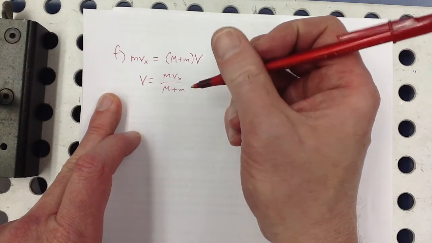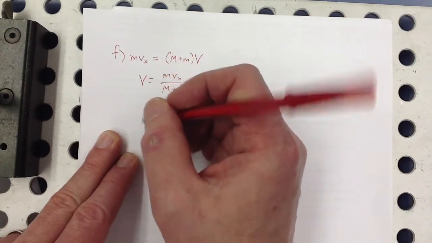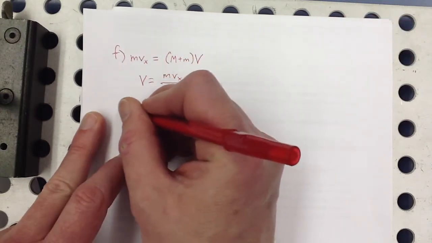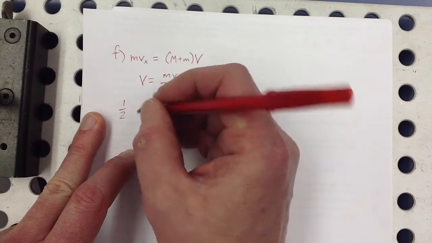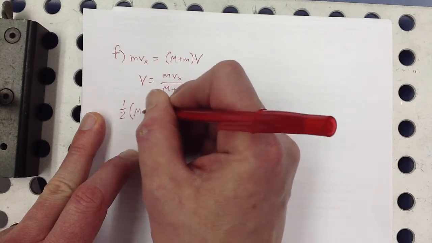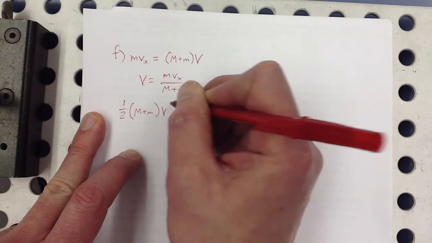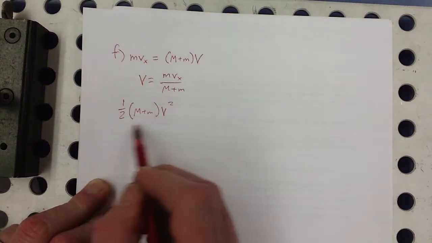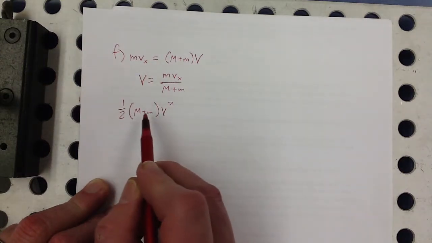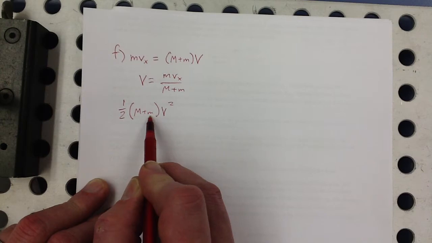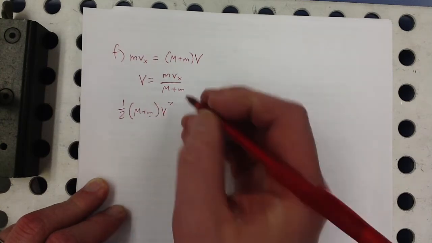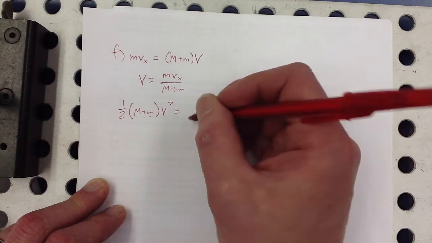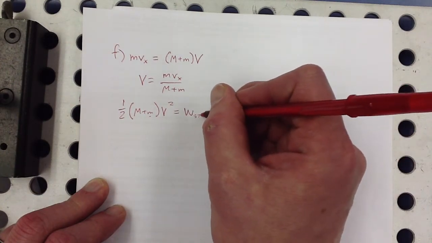Now we also know that the kinetic energy, this is the kinetic energy of the block with the dart stuck in it immediately after the collision. That kinetic energy is equal to the work done to stop the block.